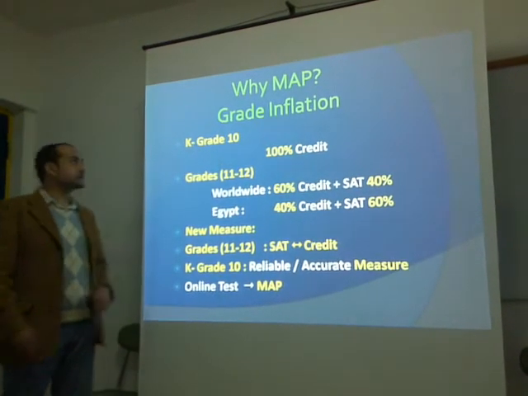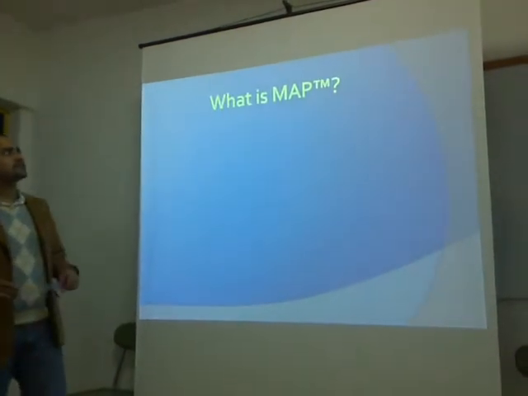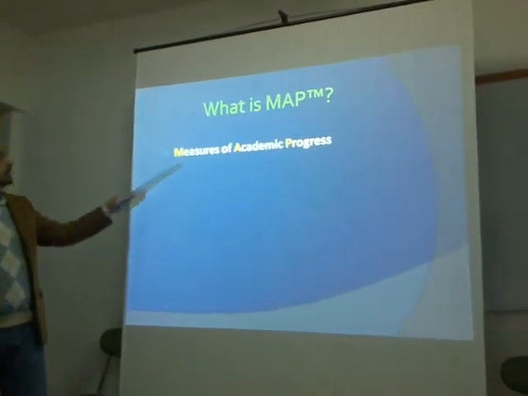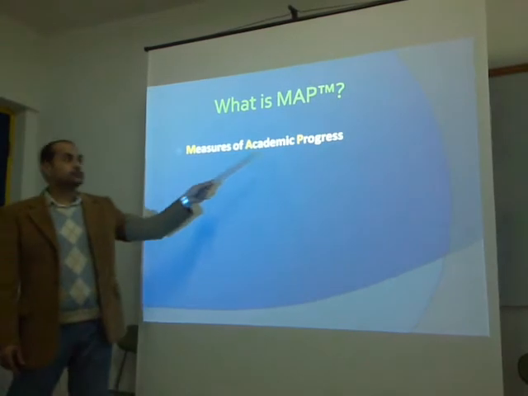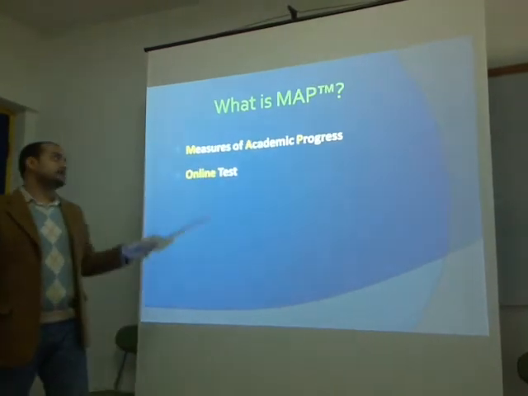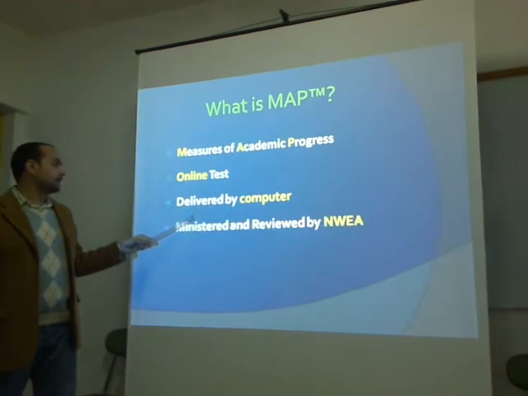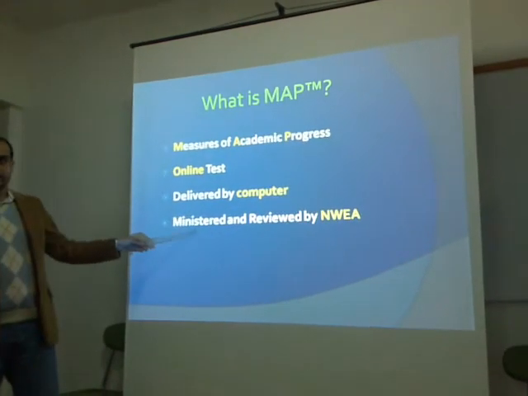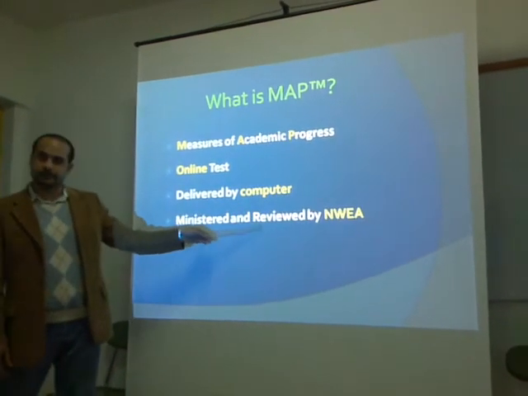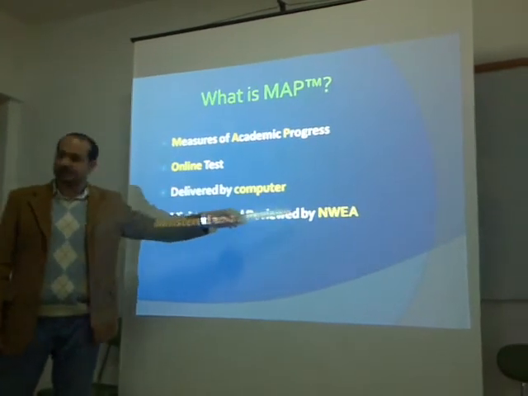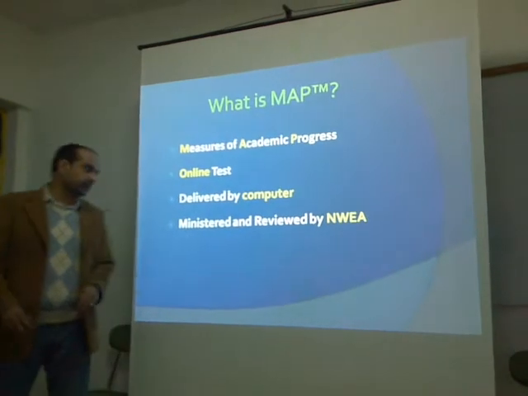Next. So what is MAP? It's a trademark test. It's the Measures of Academic Progress. It's an online test that is delivered by the computer, and it is administered, provided, and reviewed, meaning the questions and the results come from NWEA in the United States of America.